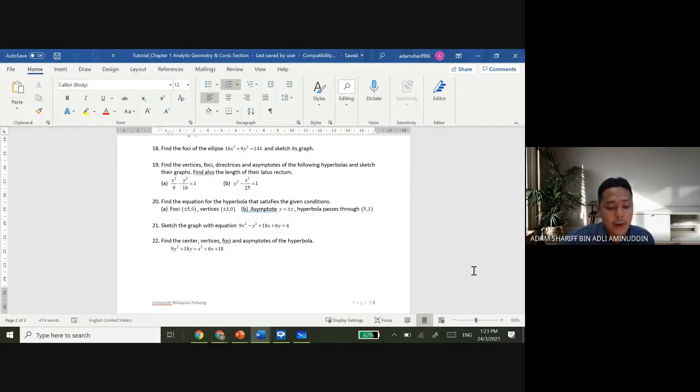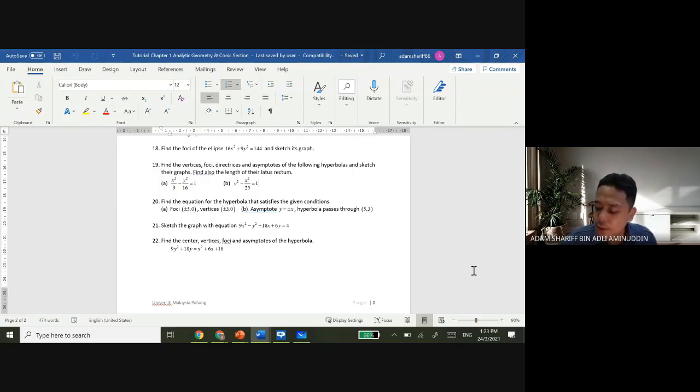So the 9x squared one, your friend tried to check the answer. Let me write it on paper first. Basically this one of course needs completing the square. I can see 9x squared plus 18x minus y squared plus 6y equals 4.